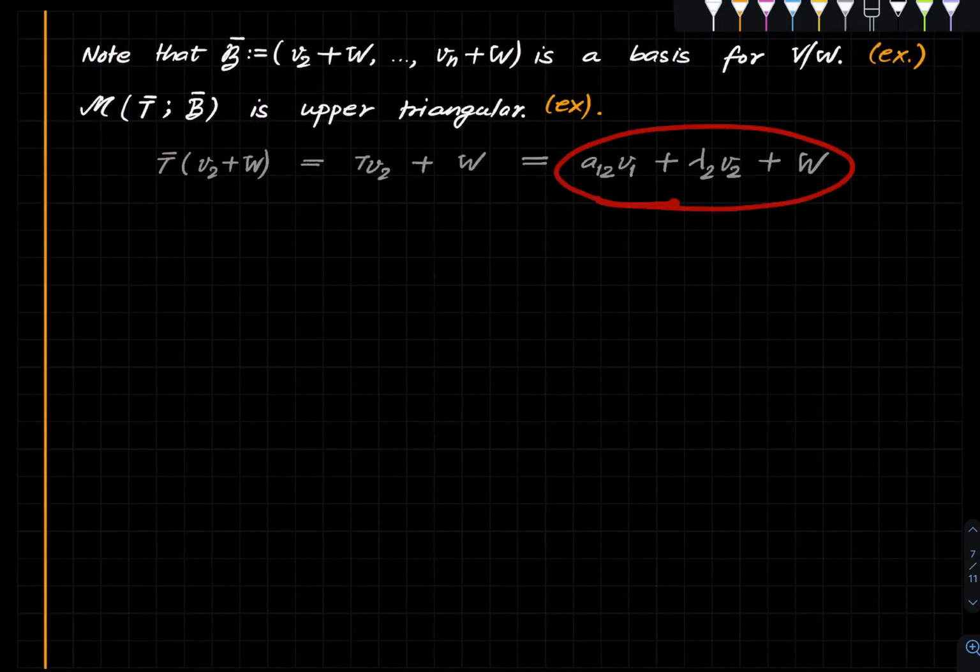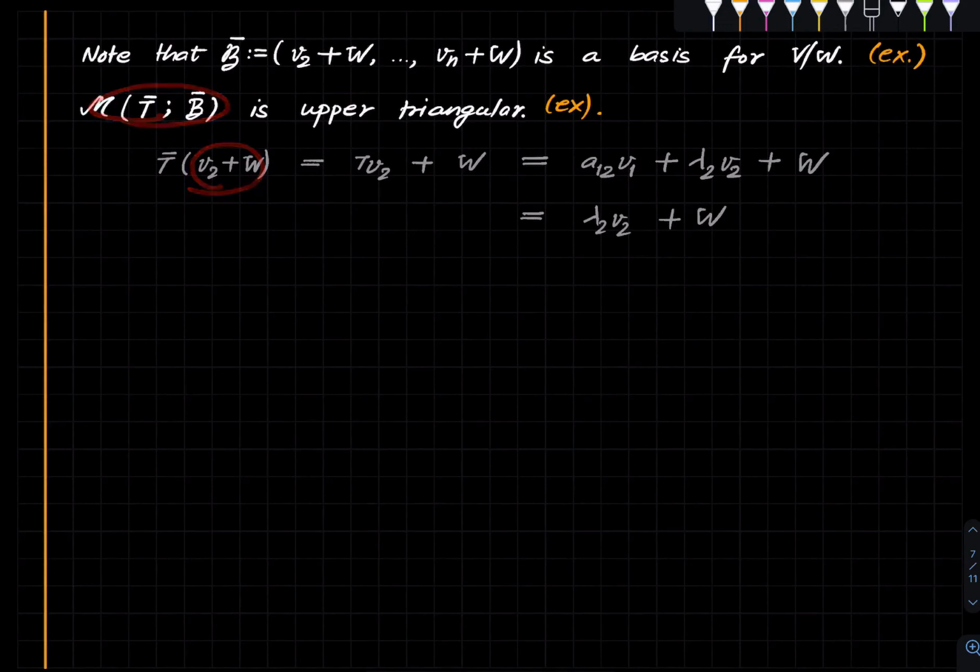So that's why TV2 is equal to this, but this already lies in W, so it gets absorbed, and therefore this is equal to lambda 2 V2 plus W. So this makes sense. If indeed this were an upper triangular matrix, then this should have been in the span of V2 plus W, which it is, because this is nothing but lambda 2 multiplied by that.